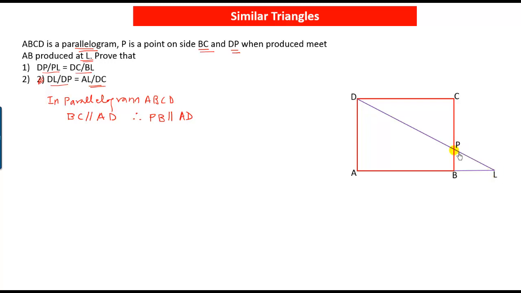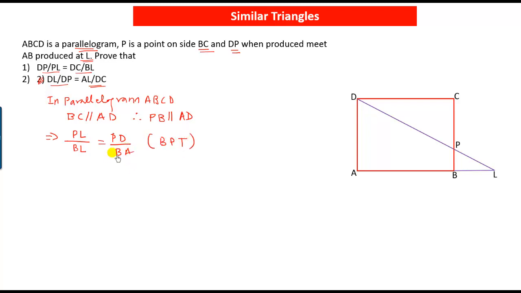So we can say that PL upon PD is equal to BL upon BA. Therefore PL upon BL is equal to PD upon BA, by the basic proportionality theorem.